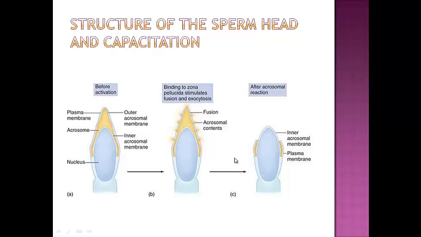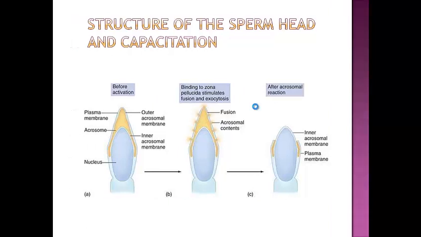So if we move down here to the third picture, you can see how the glycoprotein layer has been removed. The only part that's left over is the inner membrane, and there's just a little bit at the side here. But generally now the nucleus is uncovered, and fusion with the ovum can occur.